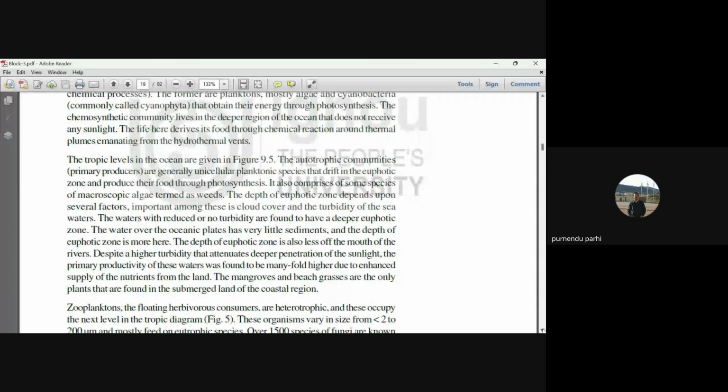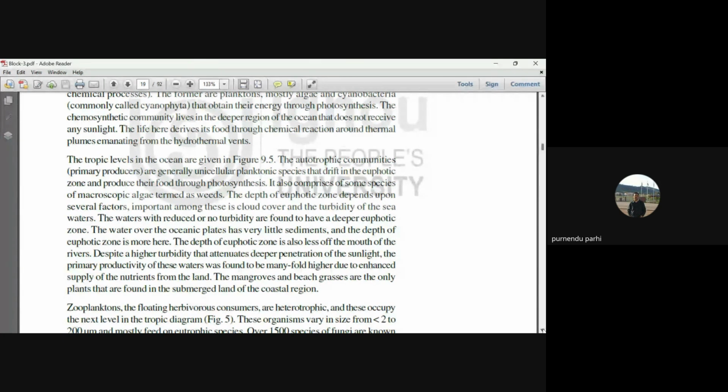The autotrophic communities are generally unicellular phytoplanktonic species that drift in the euphotic zone and produce their food through photosynthesis. It also comprises some species of macroscopic algae termed as weeds. The depth of the euphotic zone depends upon several factors.